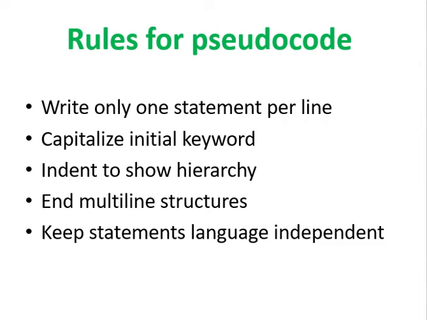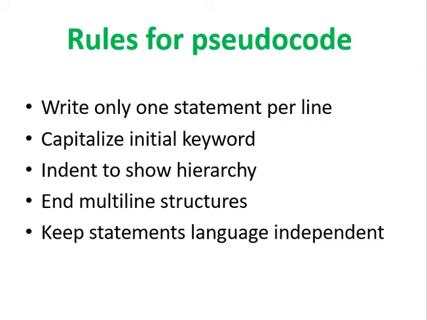These are the five different rules used while writing pseudocode. Again, I repeat: first one is one statement per line. Next, every keyword's initial letter is capitalized, indent to show hierarchy, use multi-line structures, and keep statement language independent.